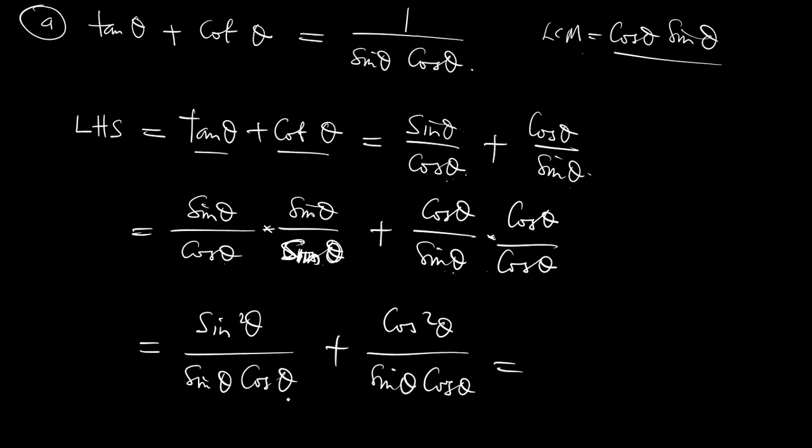Now since the denominators are the same, you add the numerators. So you have sin square theta plus cos square theta divided by sin theta cos theta. Now we are going to apply a trigonometric identity: cos square theta plus sin square theta is equal to 1.